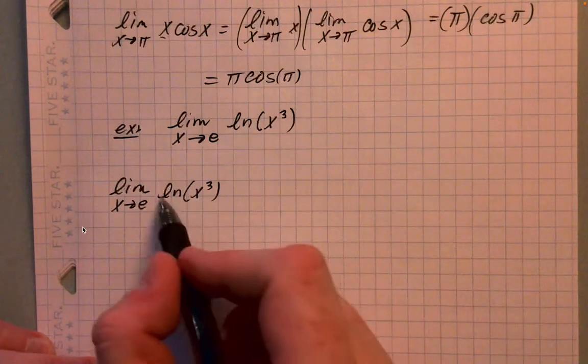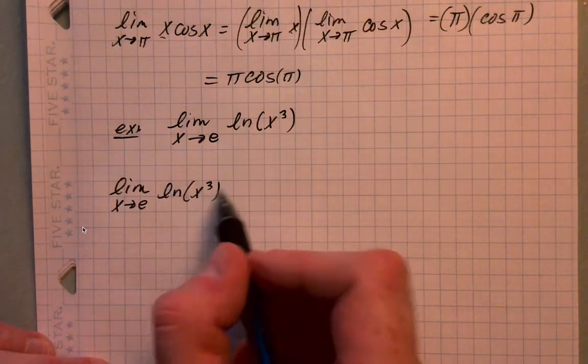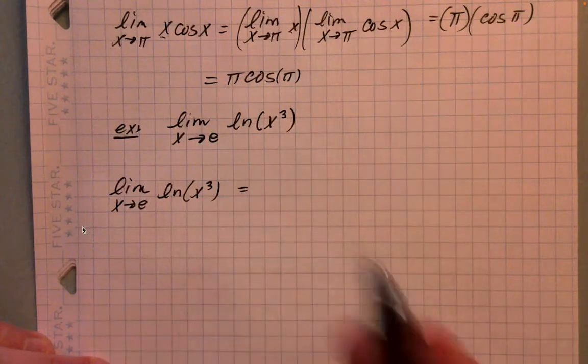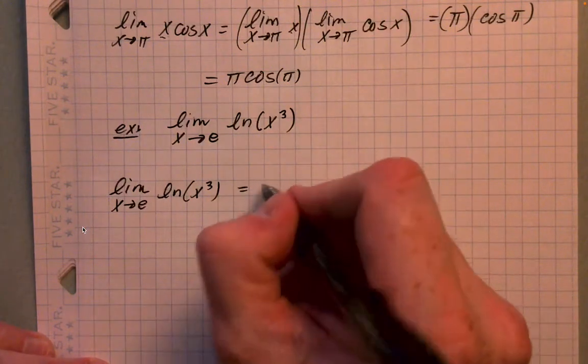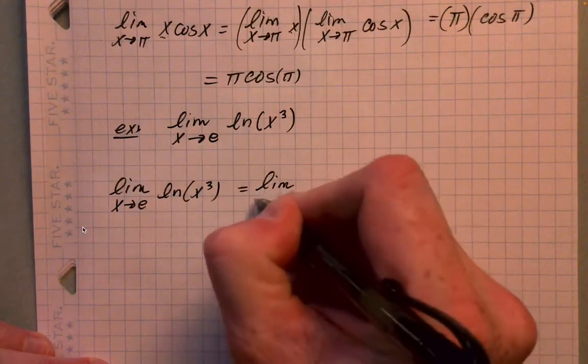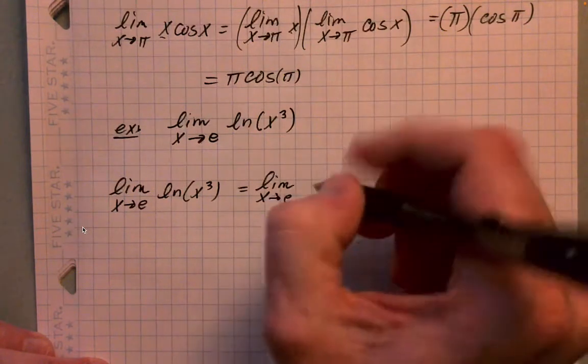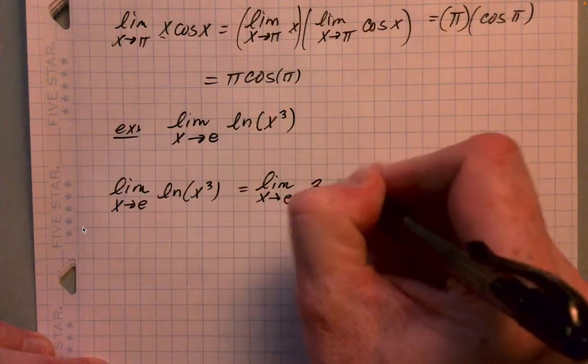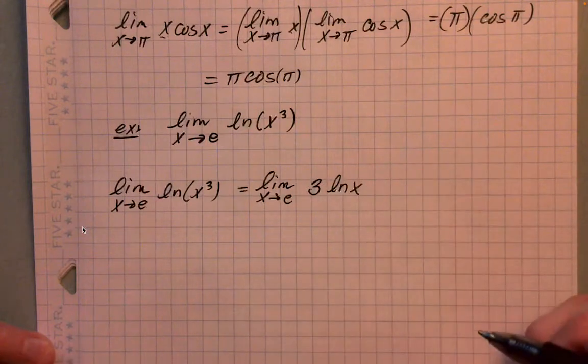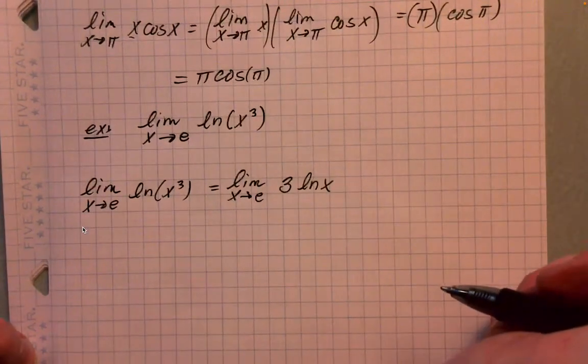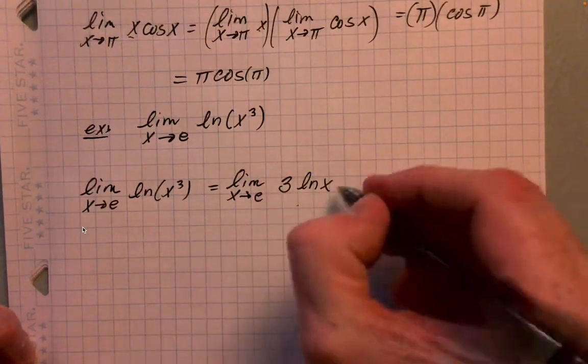Well, if you recall, the natural log of x to the n is equal to n times the natural log of x, right? So you can pull this apart a bit. Right, you get something like this. We've seen this in the algebra courses. And then, of course, you can pull the 3 out.